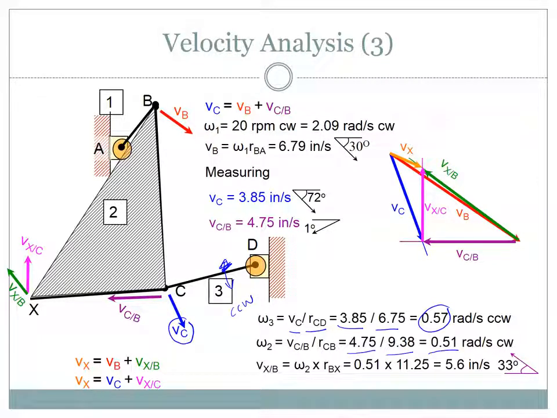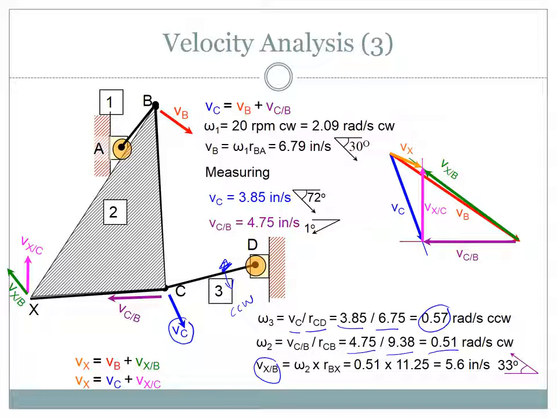So VXB is equal to, okay, now you can find the value of VXB equals omega 2 times RXB.